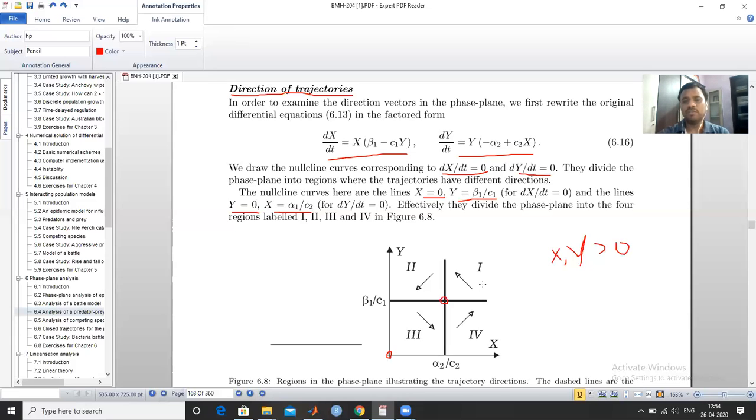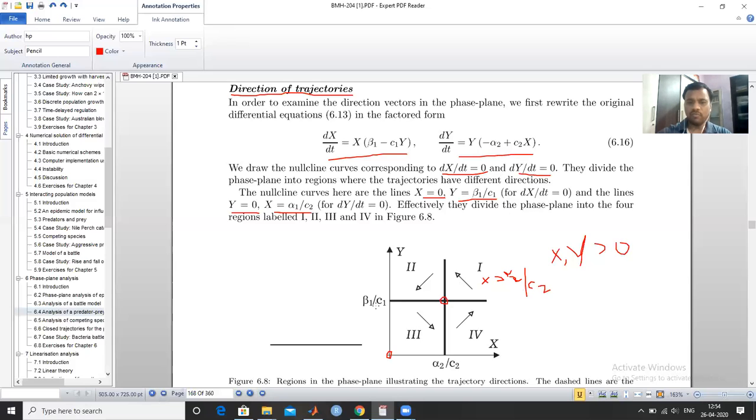So in the first region, what will be the value of x? The value of x will be greater than alpha 2 by c2. In this quadrant, x is always greater than alpha 2 by c2, right?